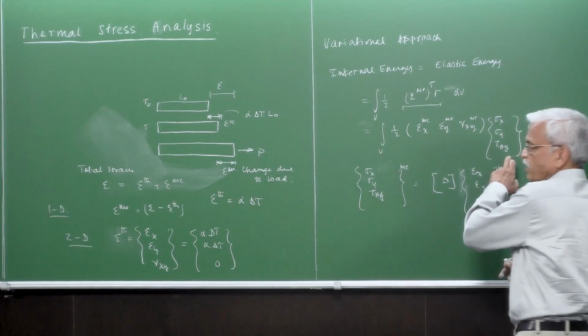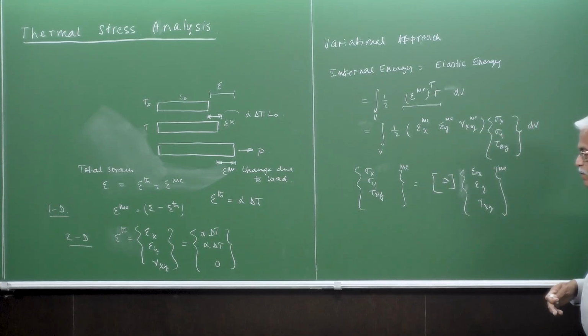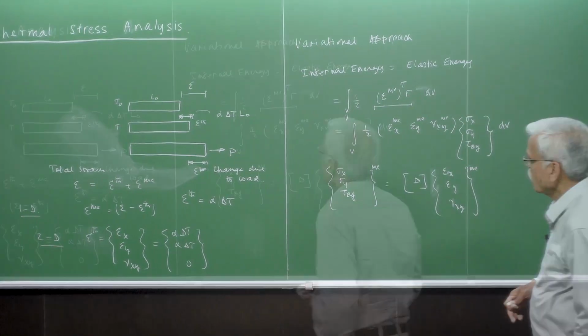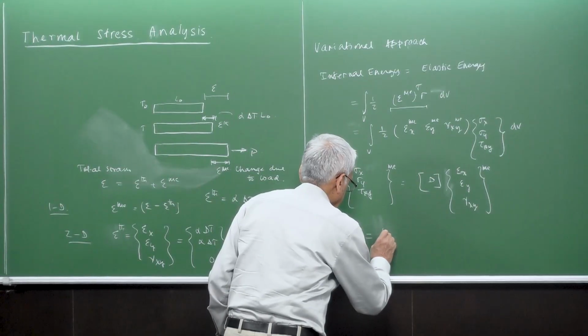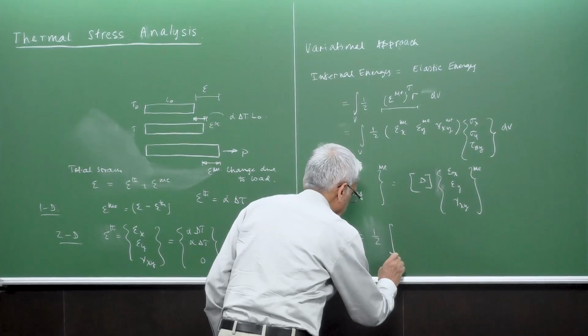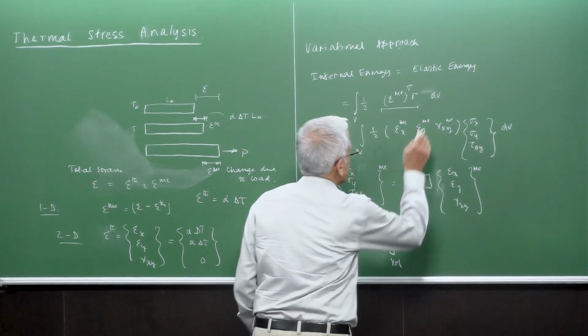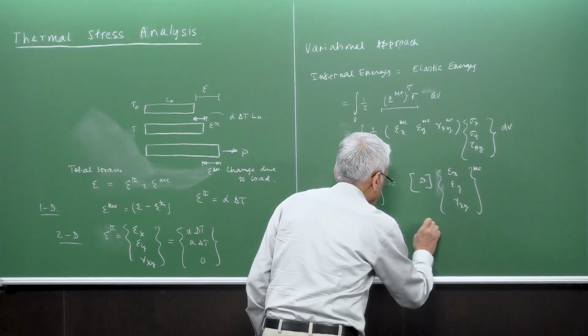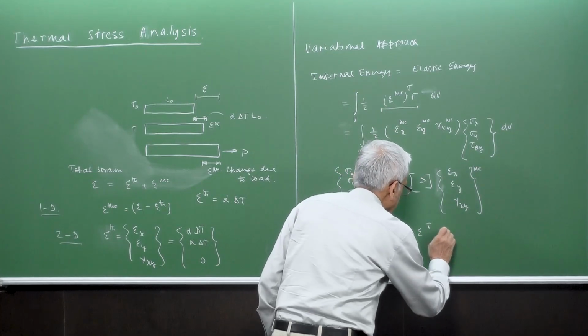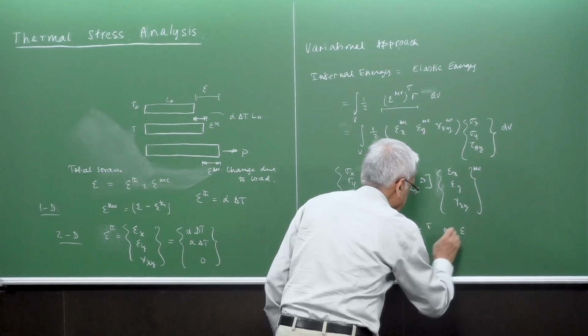Like this one, we have to write it as a product. All right. So now we'll put it here. So here we'll write it as epsilon transpose and d epsilon.